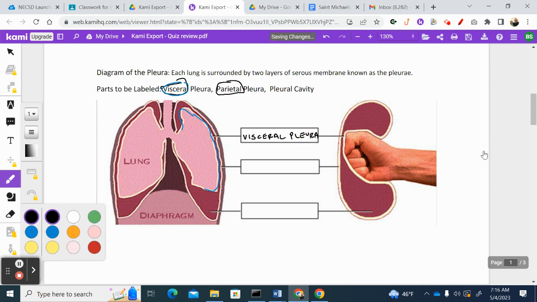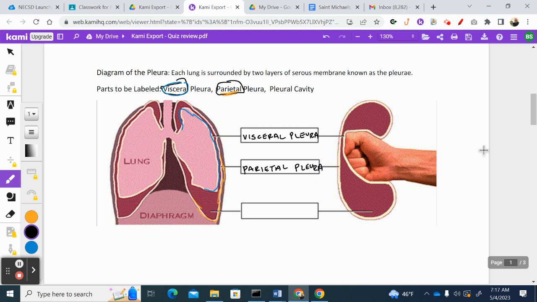And then we have the one that lines the cavity, which is this one. That's a parietal membrane. Any membrane of the lungs, we call that the pleura.